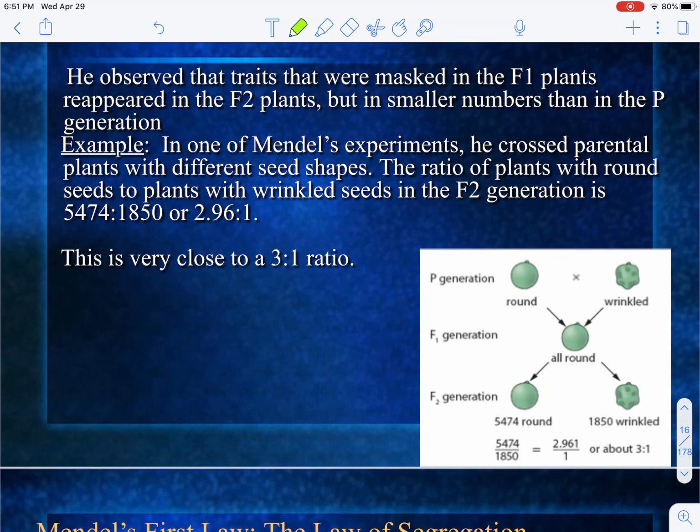So the law of segregation means separation, and so the idea here is that when your gametes are formed, your two chromosomes for each pair are going to separate, one into one gamete and one into the other.